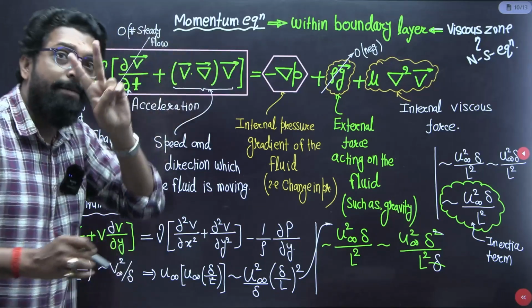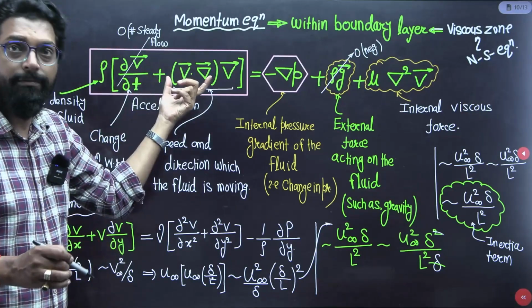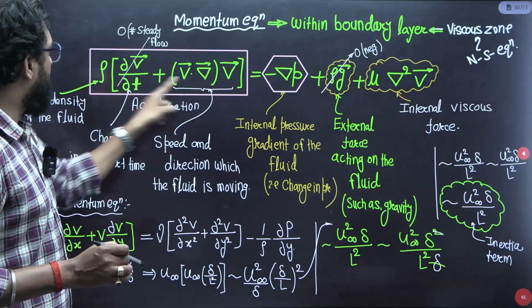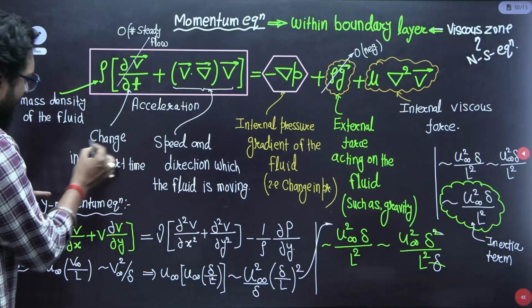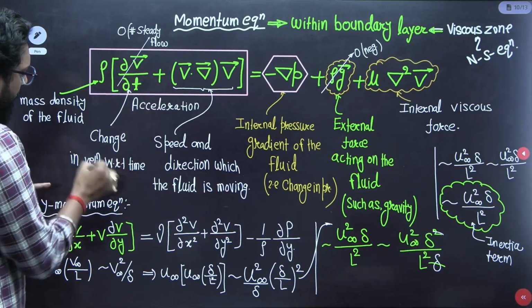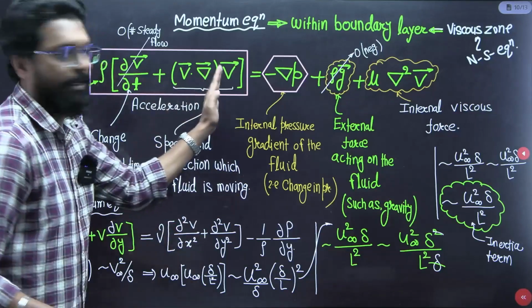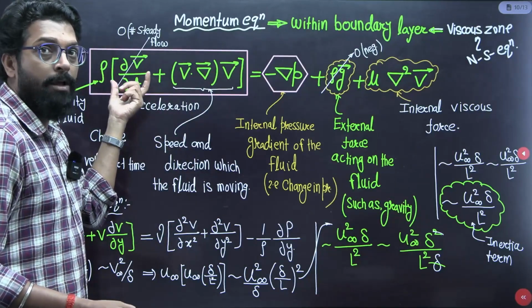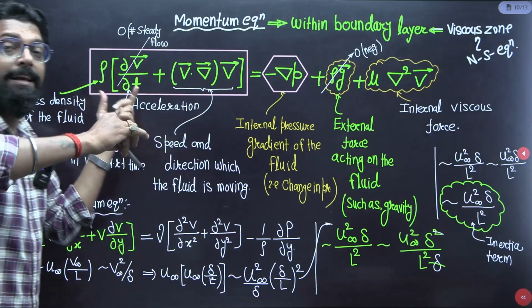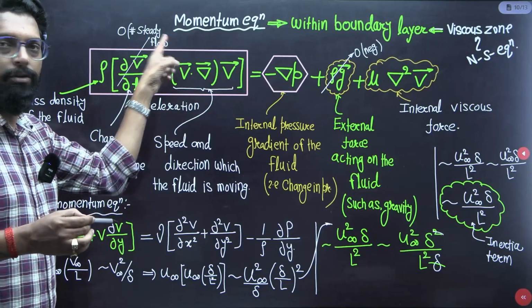The acceleration has a summation of two components: first the temporal, other the convective. The temporal term is the change in velocity with respect to time. If our assumption is that the flow is steady, this term is 0.